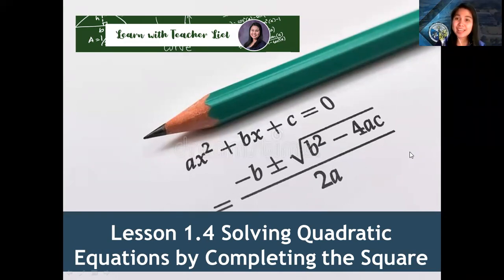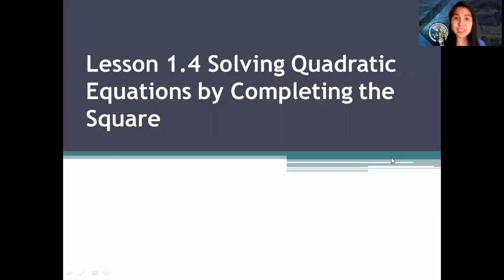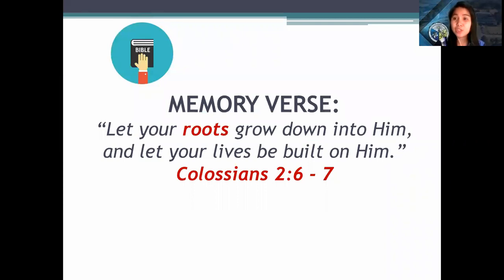And to start our class, let's first recite our memory verse. Our memory verse is found in Colossians 2, verses 6 to 7. It says, "Let your roots grow down into him, and let your lives be built on him."